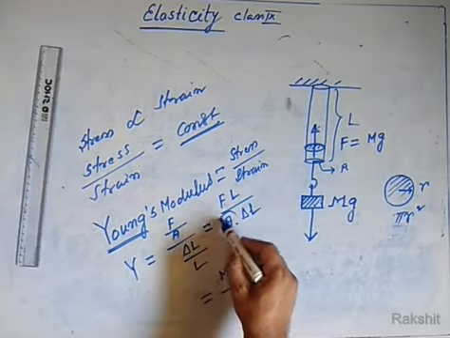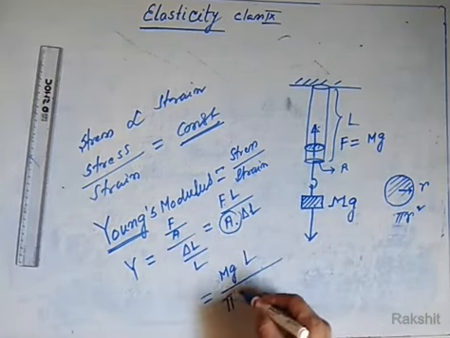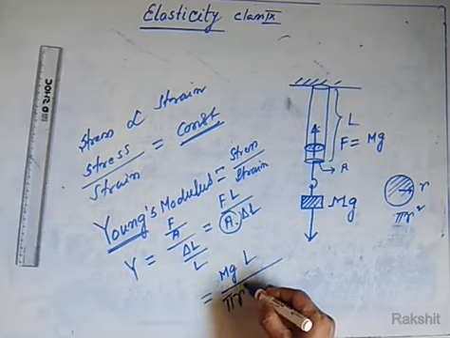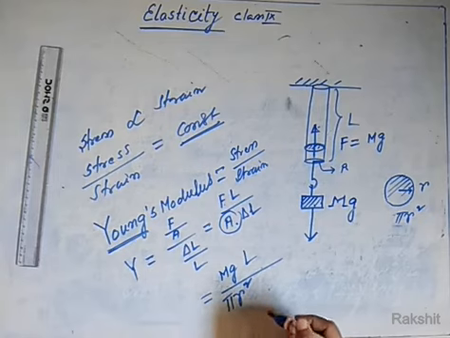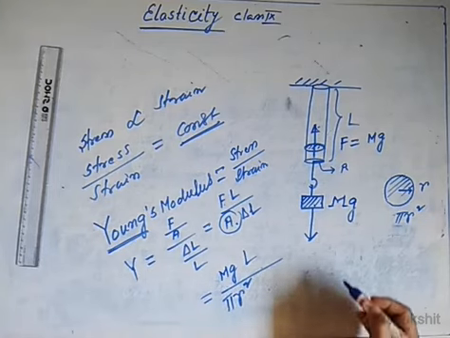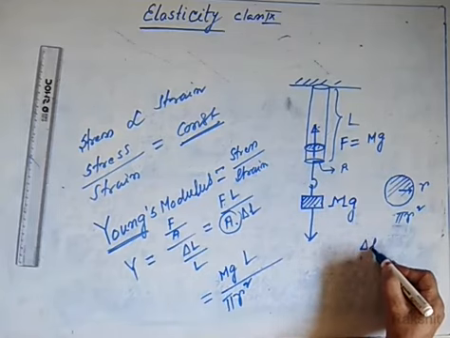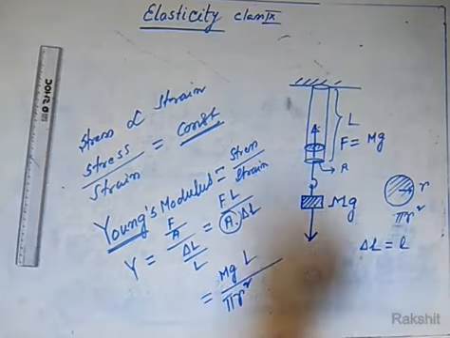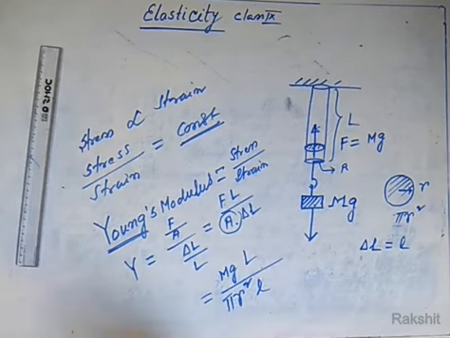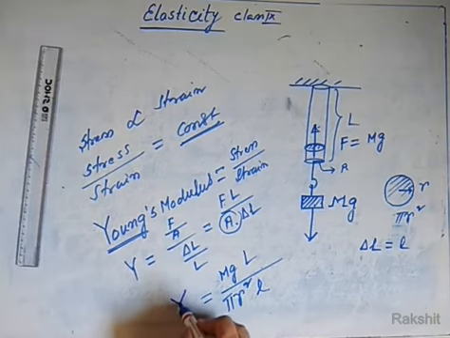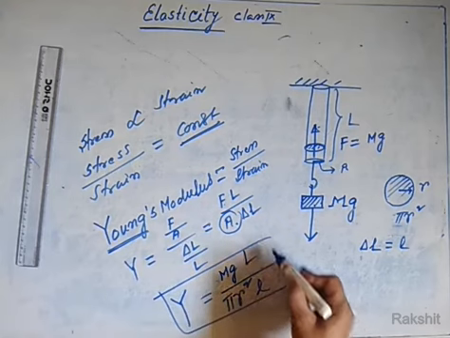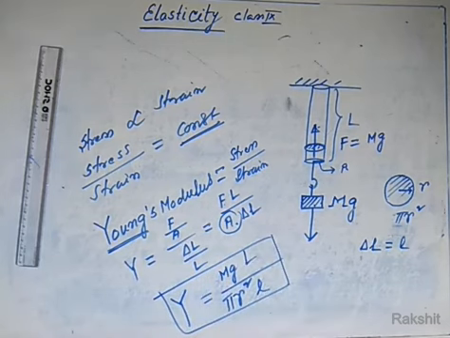If you have any difficulty to understand delta L, then we can say the change in length delta L is equal to small l. So in some books, the expression for Y is like this: Y is equal to mgl by pi r square l.